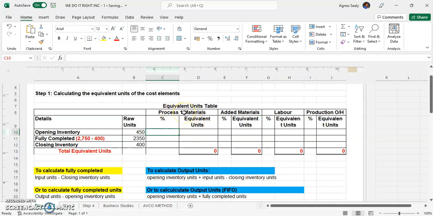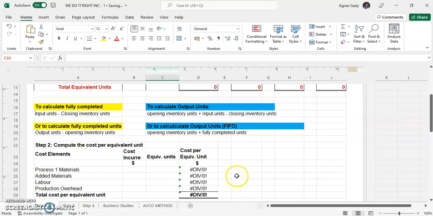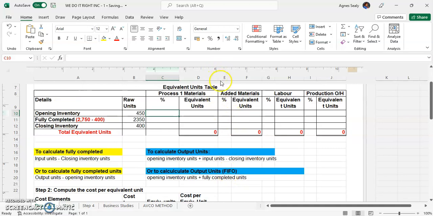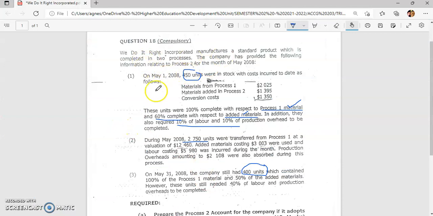So now let's look at calculating equivalent units for our cost elements. So we have process 1 material, added material, and we also have labor and production overhead. So what about our process 1 material? Here it tells us that the 450 units that we started with at the beginning were 100% complete with respect to process 1 material.